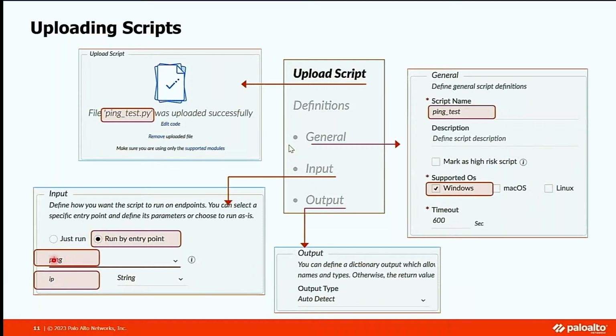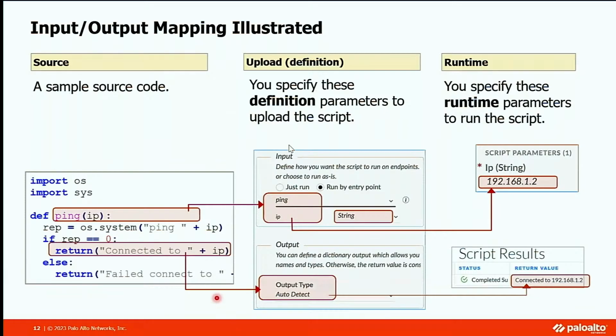In this case, we're choosing ping, and then for IP, it'll be a string, and for count, it'll be a number. And we choose our output definition. So here's a bit of our source code, how it corresponds to the input definitions, ping and IP. The IP value has to be a string, so we can provide that when we run the script from the Action Center.